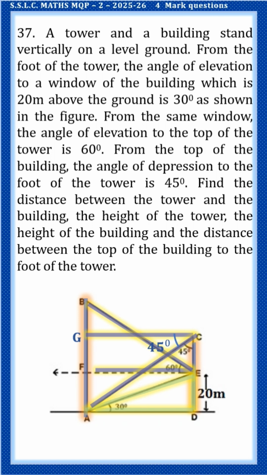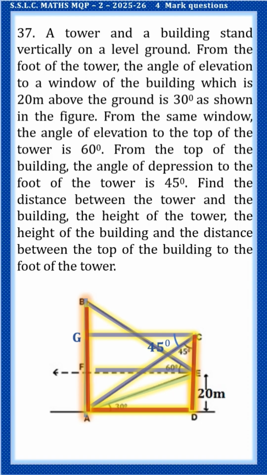You have to find the distance between the tower and the building, means you have to find AD, and the height of the tower, means you have to find AB. Look at the figure. If you can't follow, watch the clip once again.